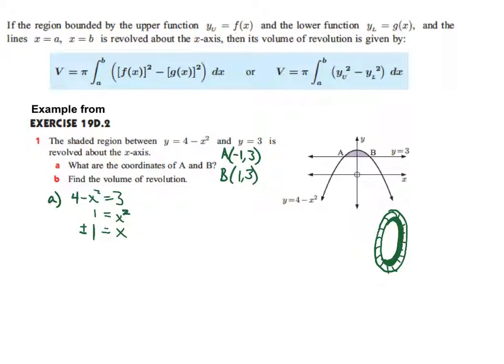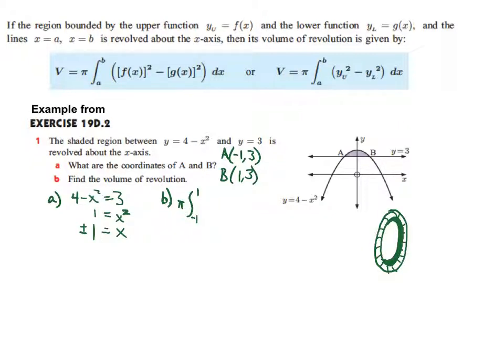So now if we want to find the actual volume of revolution, part B, we'll use the formula that we just found, pi times the integral from where to where? From -1 to 1 of the upper function. Which one is the upper function here? Y equals 3 or 4 minus x squared?